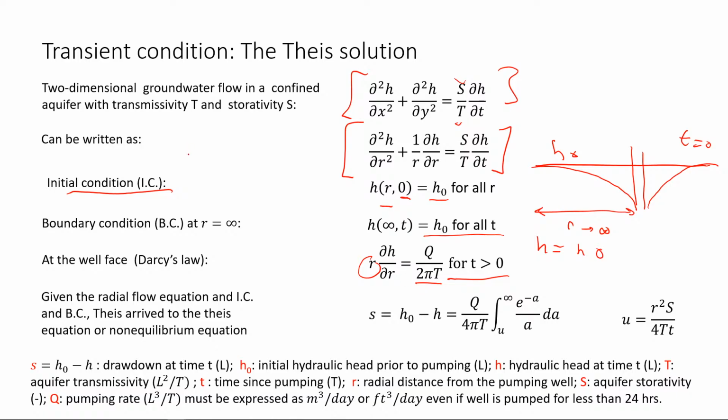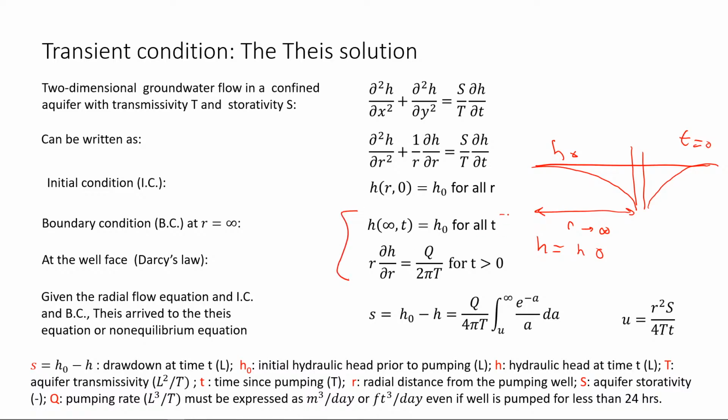Here, 2 pi r times b is your area, and then transmissivity is your b times K. So you get this equation. So we assume Darcy's law at the well face. Given this initial condition, and this is our governing equation here, we have our governing equation here.